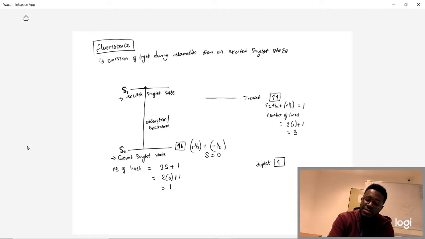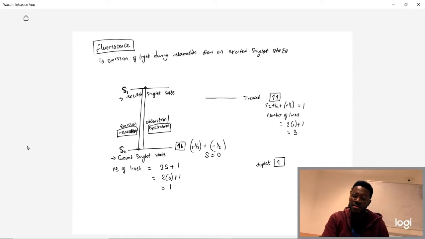Then to come down from the excited state to the ground state is called emission, or relaxation. So this is called excitation and relaxation. Absorption is because you absorb the energy, and emission because you emit the energy. You understand, right?